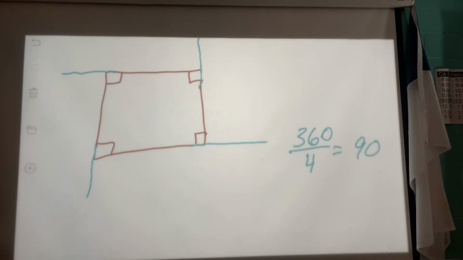In this particular case, because it's a square, your interior 90 and your exterior are both going to be 90 degrees. And so if you take 90 four times, that's how you get to 360. But that's going to work no matter what shape you have.